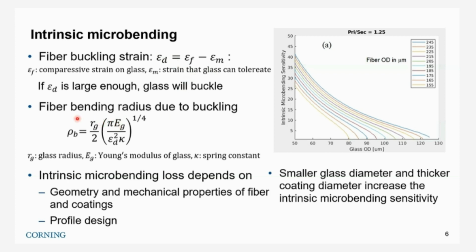So when the fiber buckles, we can use the bending diameter or bending radius to describe the buckling effect. We can calculate the bending radius using this formula. Basically it depends on the glass radius and the Young's modulus of the glass. So on the right, the plot shows the model of the intrinsic microbending sensitivity.